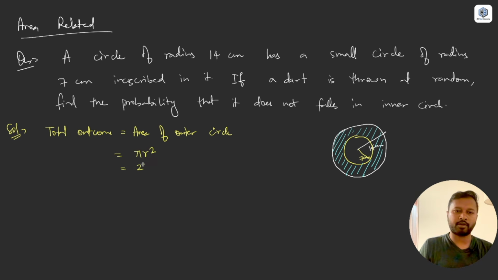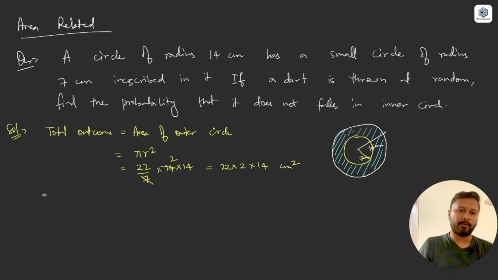So the formula is 22 upon 7, radius is 14, the square of 14 means 14 into 14, which is 7 times 2 times 14. I'll just write it down, I'm not multiplying it. So 22 into 2 into 14, that much is the total area.